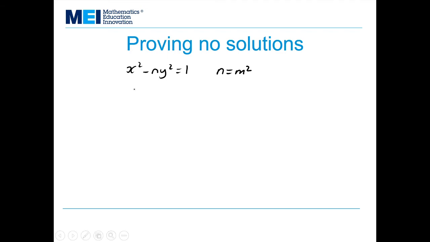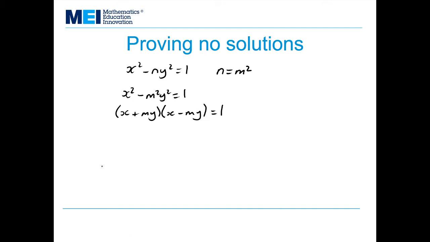So let's see what happens. I could try using the difference of two squares. Let's rewrite this as x squared minus m squared y squared equals 1, and then (x plus my) times (x minus my) equals 1.